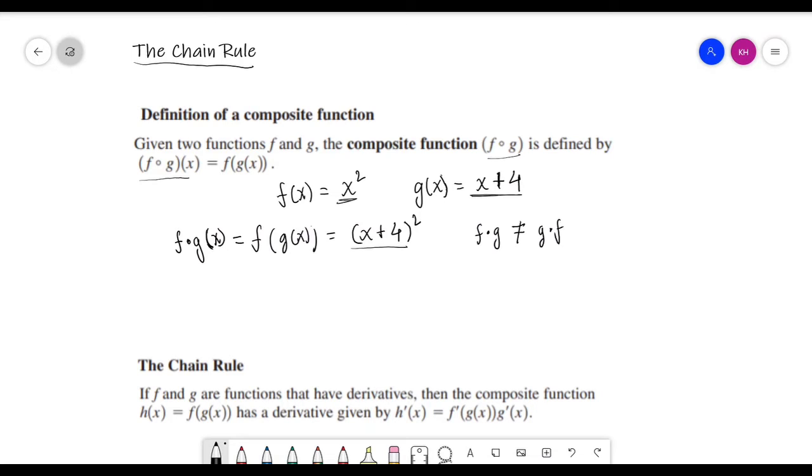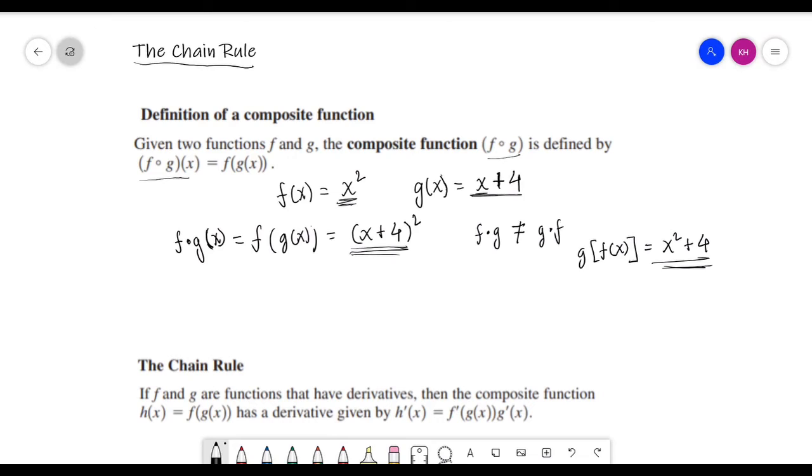If I plug f of x, which is x squared, into this x, I'm going to simply have g of f of x, which is going to be x squared plus 4. So you see, this and this are not the same thing. So that is what a composite function is. It is a function within another function.